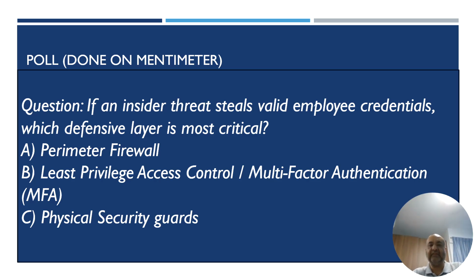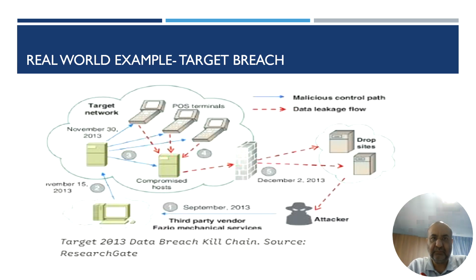Very well. I saw that most of them answered least privilege access control and multi-factor authentication. This is exactly on point. When we want to safeguard our organization from the insider threat, we use the principle of least privilege as well as multi-factor authentication.